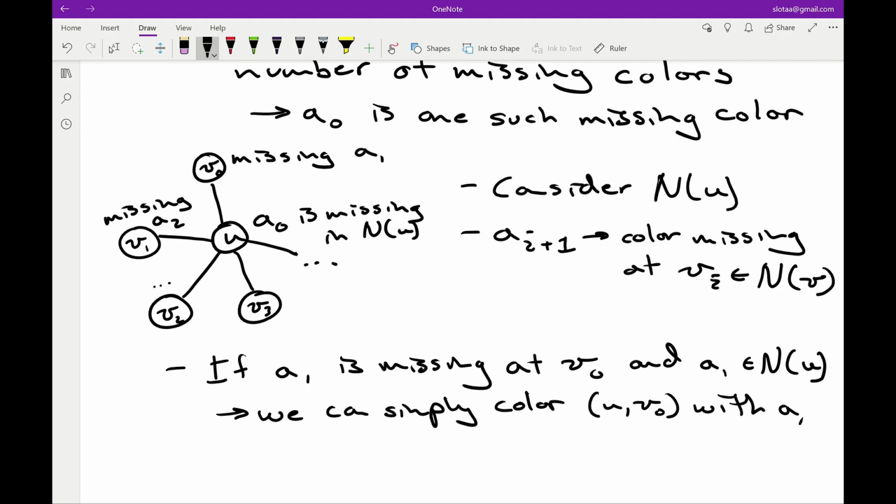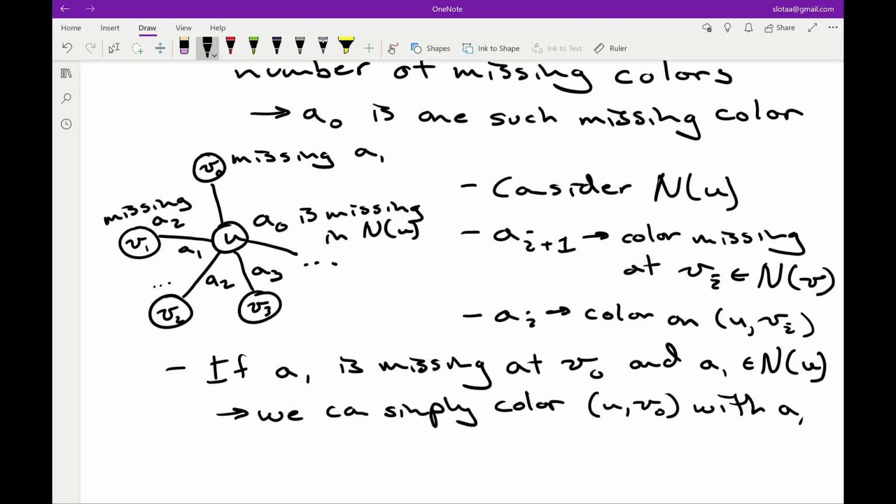One thing I didn't mention is how these edges are colored. I didn't make that exactly clear, but that's the intention, and it's probably the most important thing. Let's make it explicit: Ai is the color on the edge U Vi.